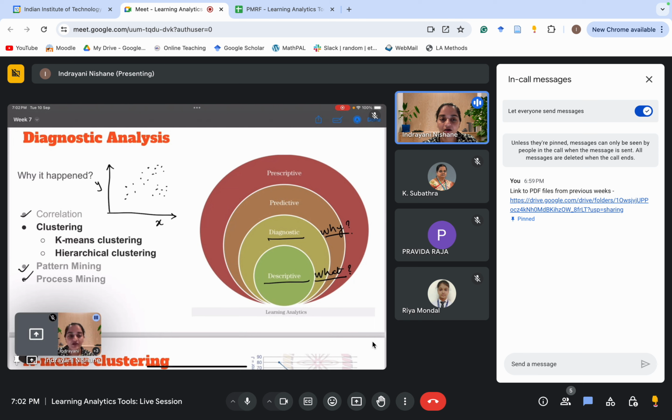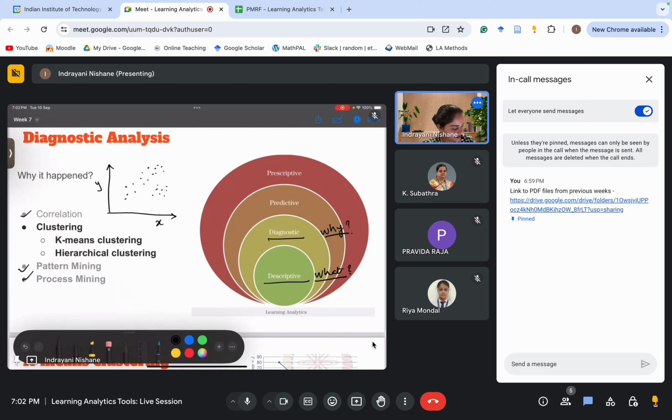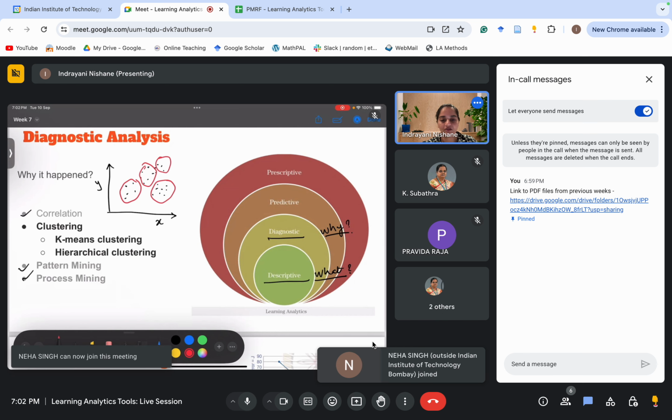Now, going one step further in clustering, we try to find out if we can make different groups. So this is one cluster, for example. This is another cluster, this is another cluster, and this is another cluster.